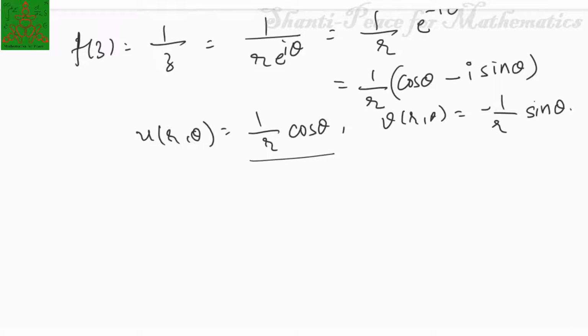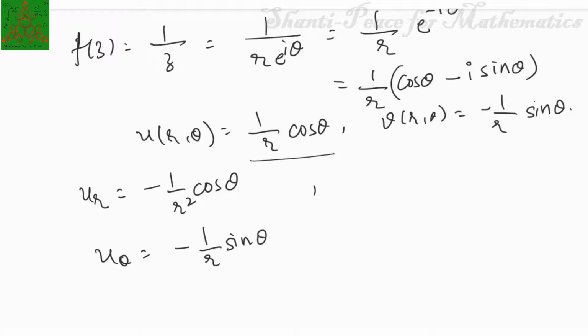Now these are the trigonometric functions and the denominator is a polynomial in r, so that's why they are continuous. So we can say that the first order partial derivatives exist. What we can find out is ur equal to minus 1 upon r square cos theta, u theta is minus 1 upon r sin theta, vr is plus 1 upon r square sin theta, and v theta will be minus 1 upon r cos theta.